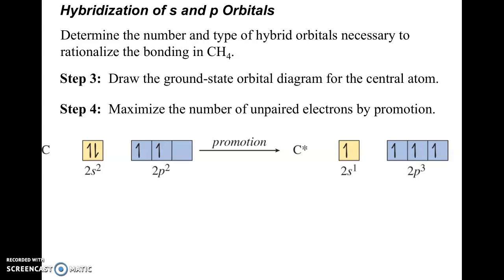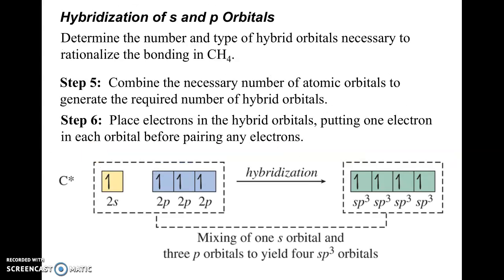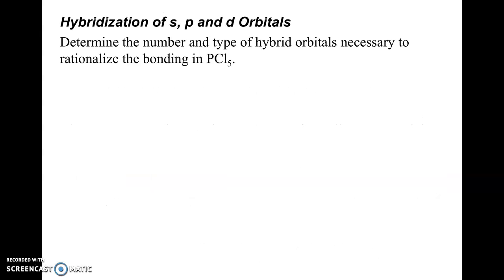We need to spread them out so that we get 4 individual orbitals that have 1 electron each. So we take the s and the 3 p's to get 4 equivalent orbitals, and we get 4 sp3 orbitals. They are called sp3 because they came from 1 s and 3 p's. It gives 4 orbitals where 1 electron can sit.